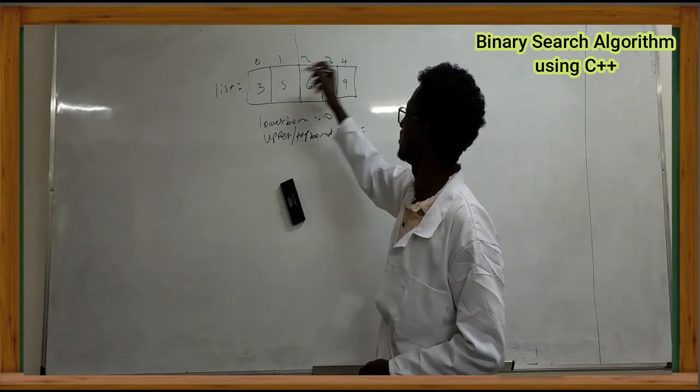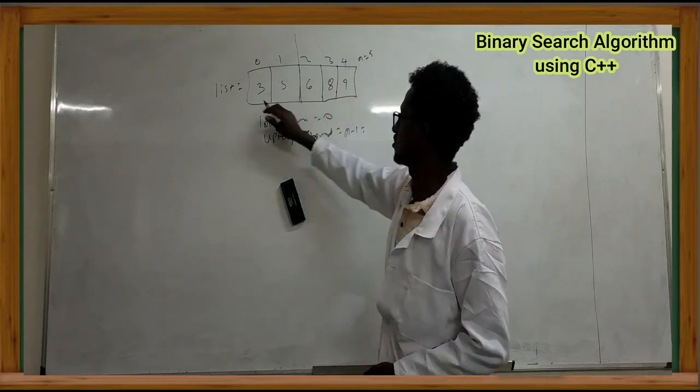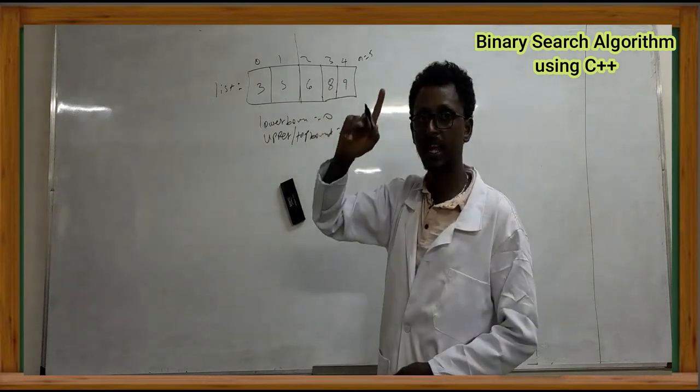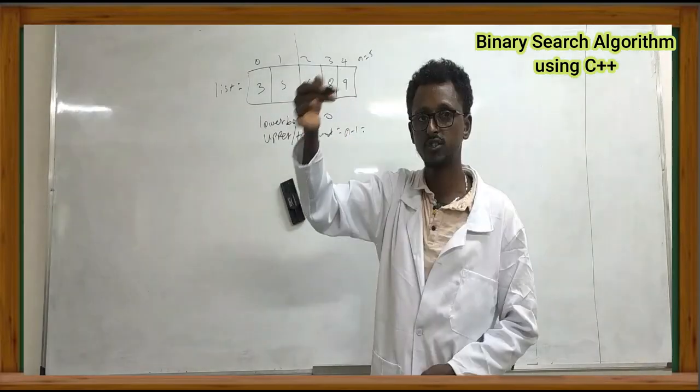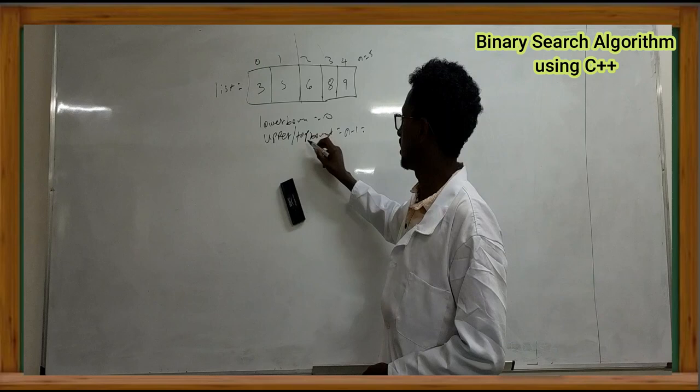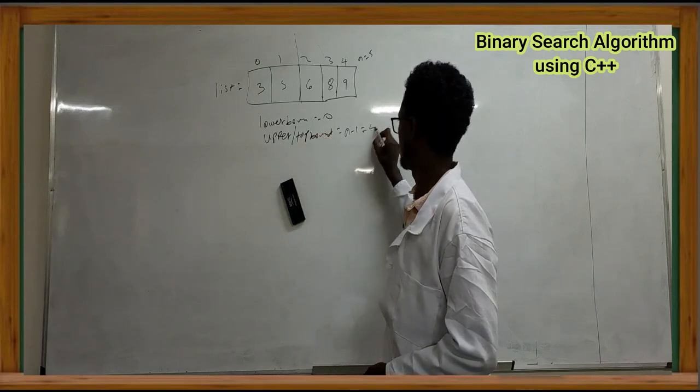In our case, n is equal to 5, that means 1, 2, 3, 4, 5 elements. So the top bound is n-1, which is equal to 4.